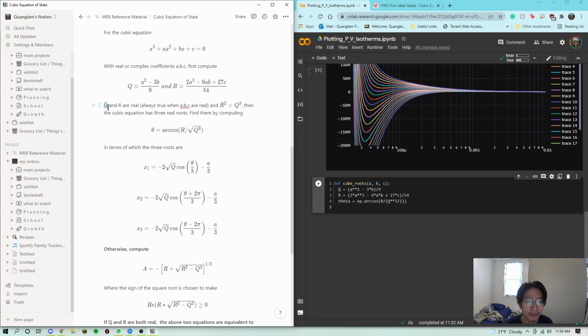Well, knowing that, it's saying Q and R are real, and when R squared is less than Q cubed, then the cubic equation has 3 real roots. Find them by computing so and so. So, sounds like we're setting up an if-then statement.